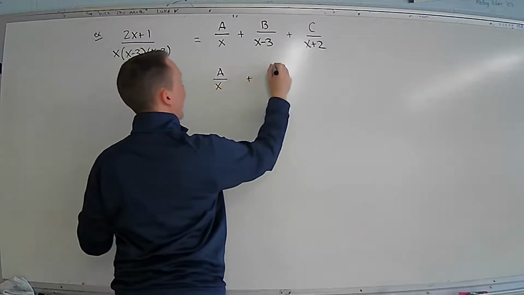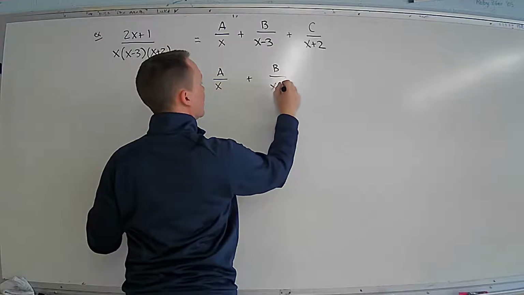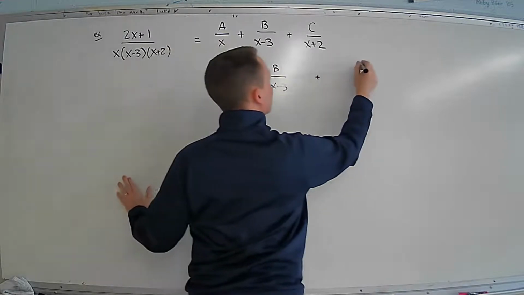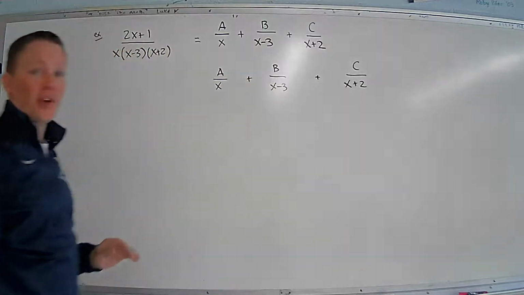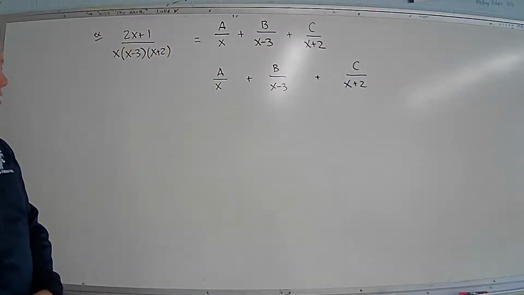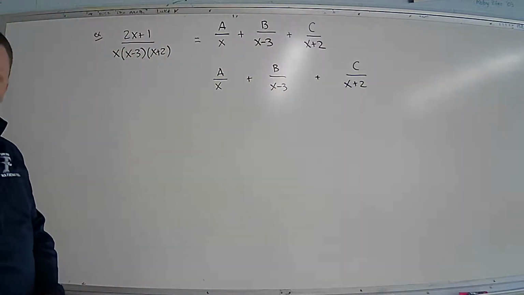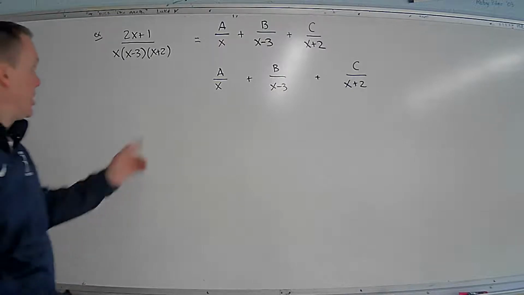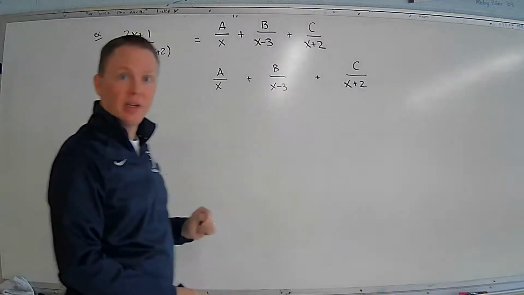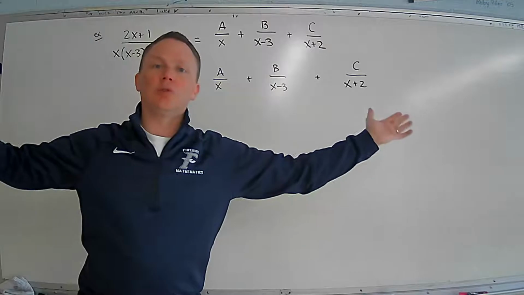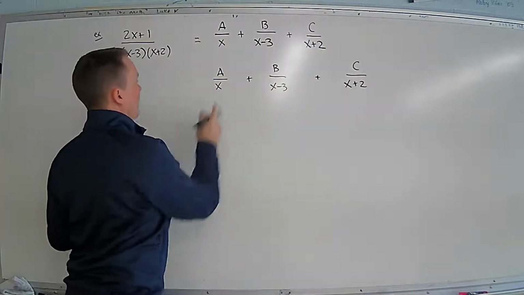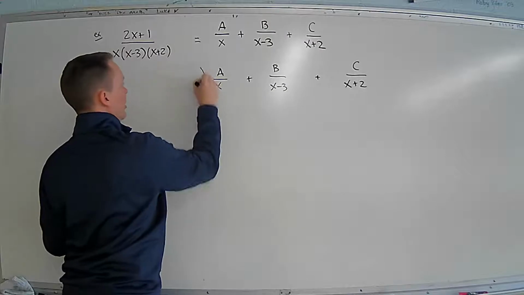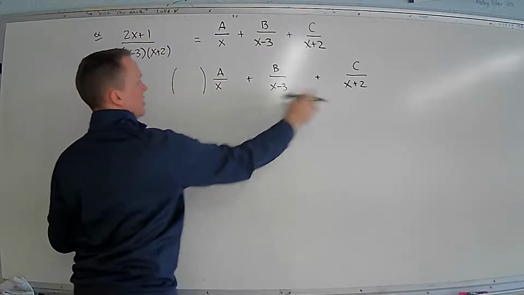All right, so let's go ahead and set this up to add. Now we've got 3 fractions to add together, all with a different denominator. So we've got to find a common denominator. The denominator is going to be the product of all 3. This problem right here is an Algebra 2 teacher's dream. It's just so much Algebra 2 here. So this guy right here, what does he need? Well, he needs the other 2.